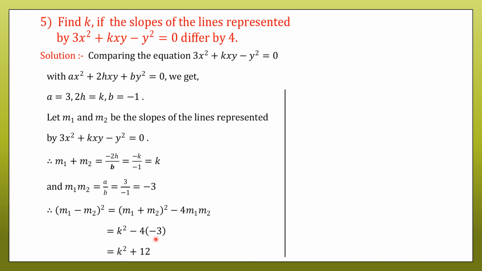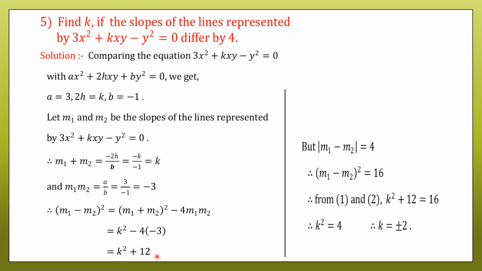Therefore, k square minus 4 into minus 3, that is plus 12. But we are given that mod of m1 minus m2 equals 4. Its square, m1 minus m2 whole square, is 16. Suppose m1 minus m2 whole square is equation first, and m1 minus m2 whole square equals 16 is equation second. Then k square plus 12 equals 16. Putting these values, k square equals 4. Therefore, k equals plus or minus 2.